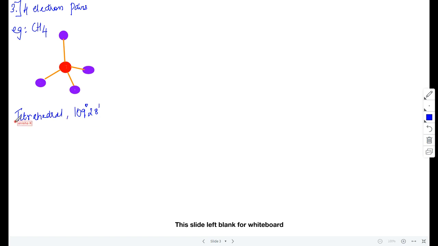Okay, so this is the third one. The fourth one will be 5 electron pairs. Example we'll take is PF5.